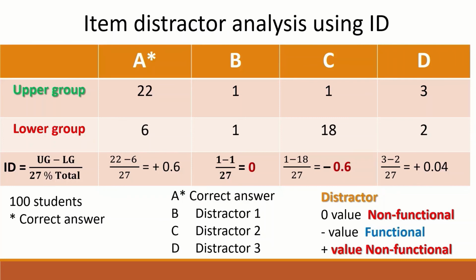Distractor C, on the other hand, has been selected by the low-performing students, so it attracted low-performing students and it has a minus value. This distractor is functional and effective. Distractor D is non-functional as it has attracted more of the high-performing students than the low-performing students to select this distractor.